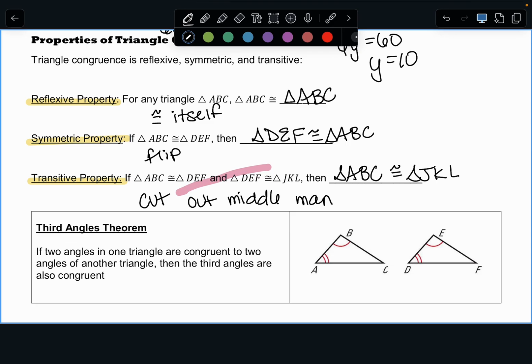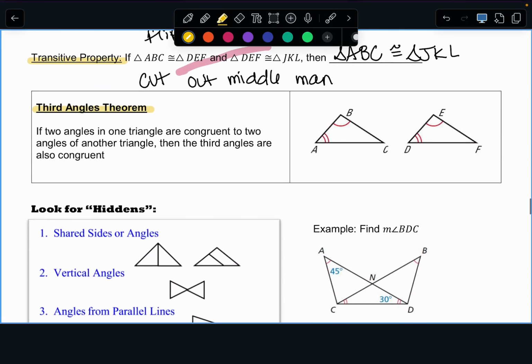This is the last theorem for the day. Third Angles Theorem. I'm going to explain this one by example. Let's say that angle A in this picture is 80 degrees.